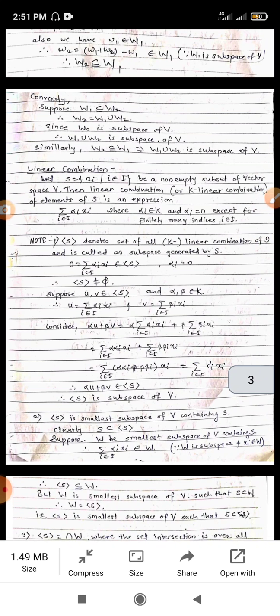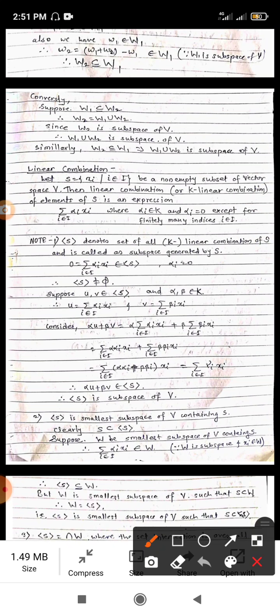Let us see the next example of a subspace, which is linear combination, a very important example, because of linear combinations we can apply linear transformations.